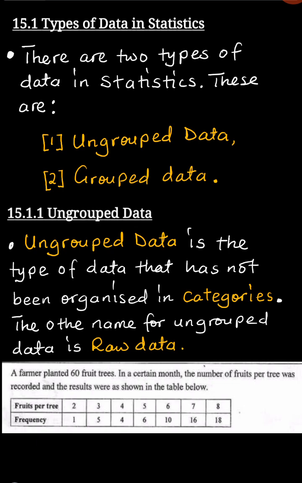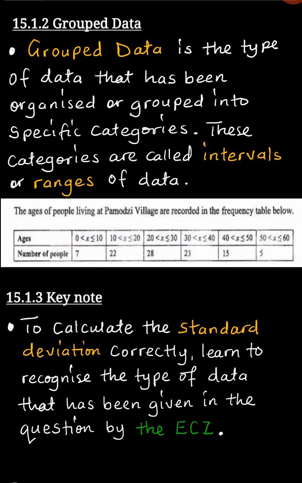Once you have understood what ungrouped data is all about, it is now time for you to understand the second type of data in statistics that we call grouped data. Now, grouped data is the type of data that has been organized or grouped into specific categories.